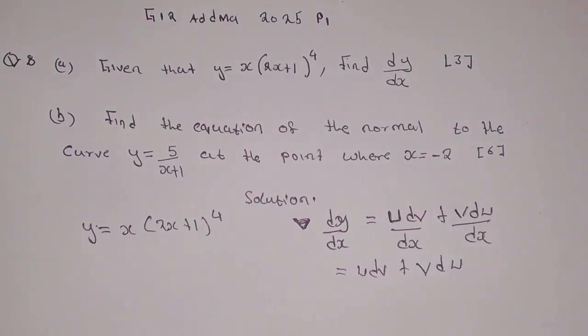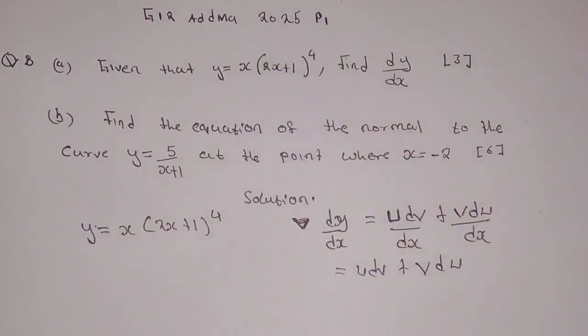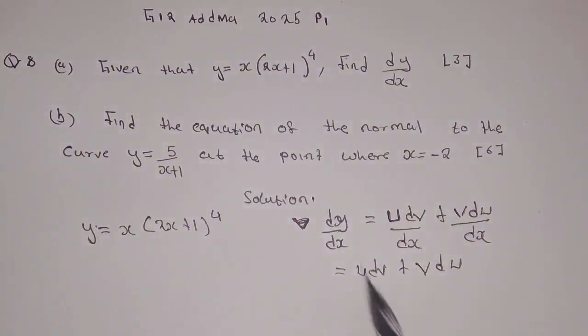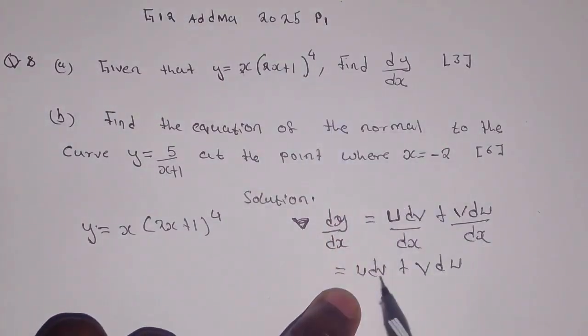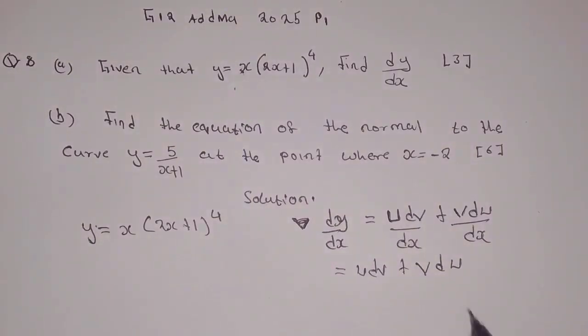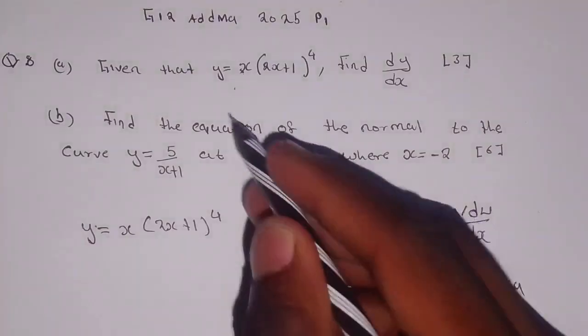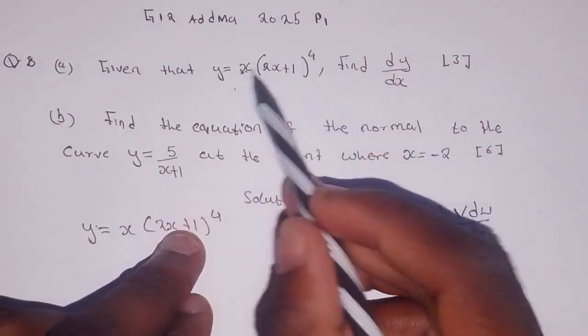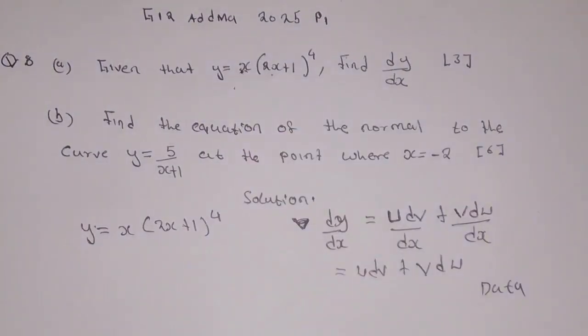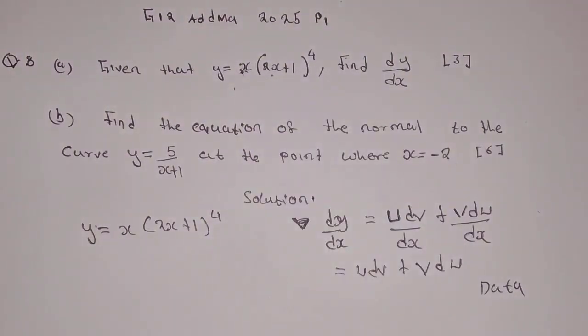This means that you multiply the u that you have by the differentiation of your v. So that we don't get confused, we have two parts here: x, and also (2x + 1)^4. We can name each one of these as our v or our u. Let's say we get this as our v.